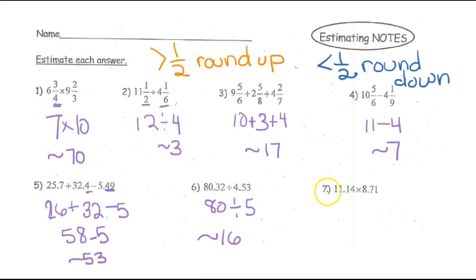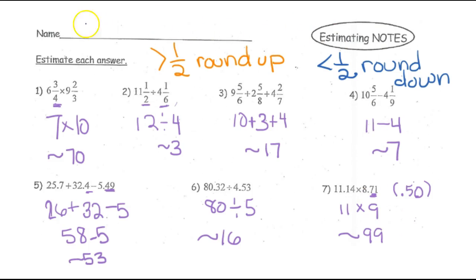And last but not least, number 7, 11.14 is rounding down to 11, and I'm going to multiply that by 8.71. 0.71 is greater than 1/2, or when we're talking about decimals, 0.50. So I'm going to round that up to 9. 11 times 9, my answer is going to be approximately 99.